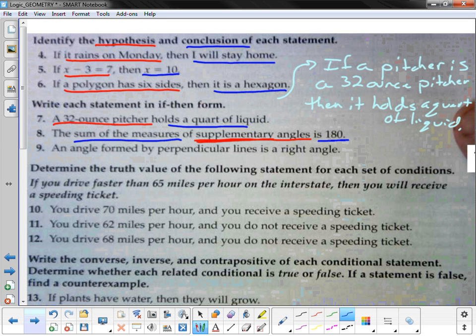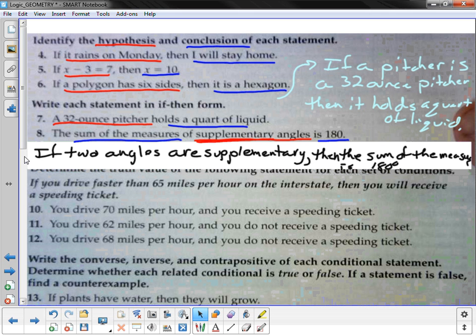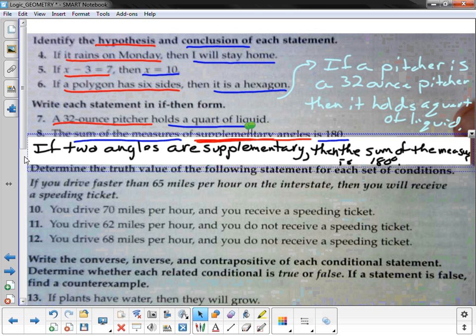This sum of measures goes with that 180, so that together is a conclusion. So when I go to write that one, I would say something along these lines. If 2 angles are supplementary, then the sum of their measures is 180. And that's the way I would write that one out for number 8.